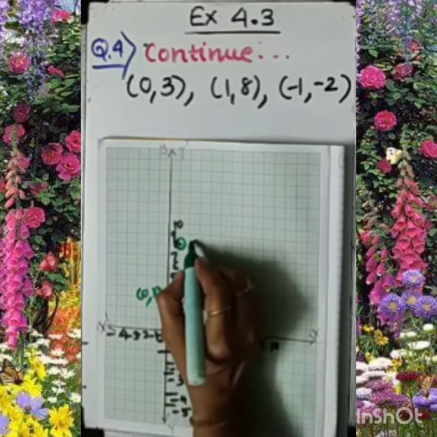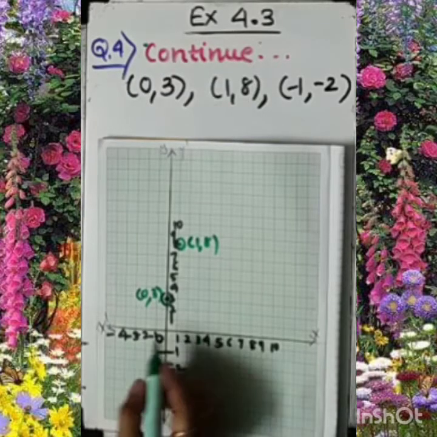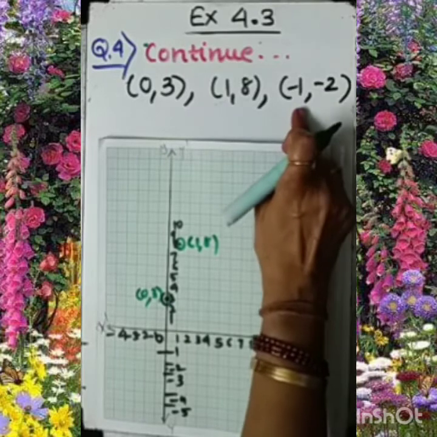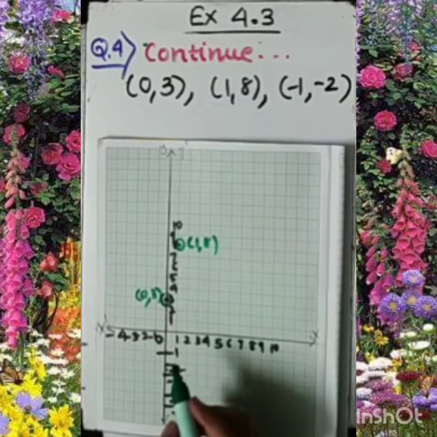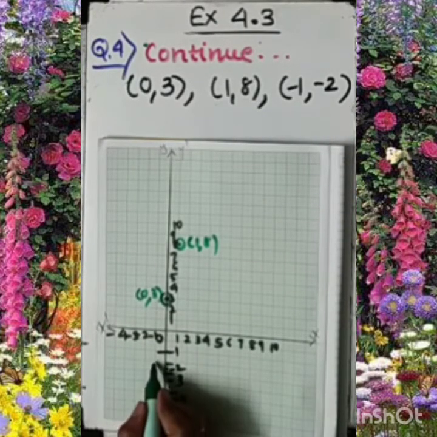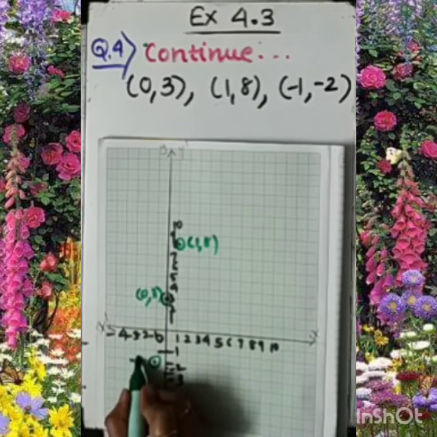So that is 1, 8. Clear to you? Third, -1, -2. -1 is on the negative x side, so the third quadrant, -1, and this -2 is here. Okay. So this point is -1, -2.